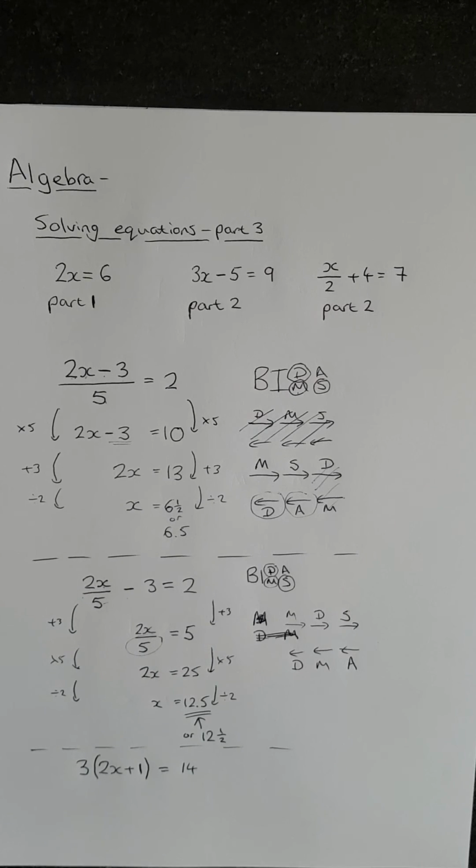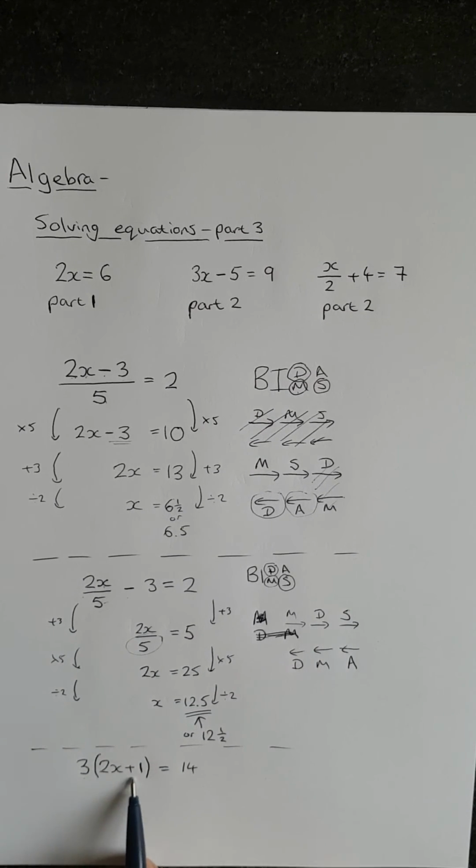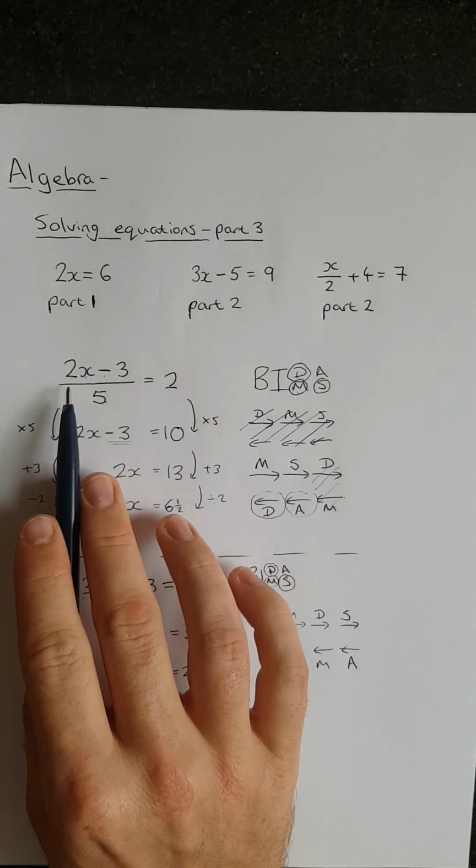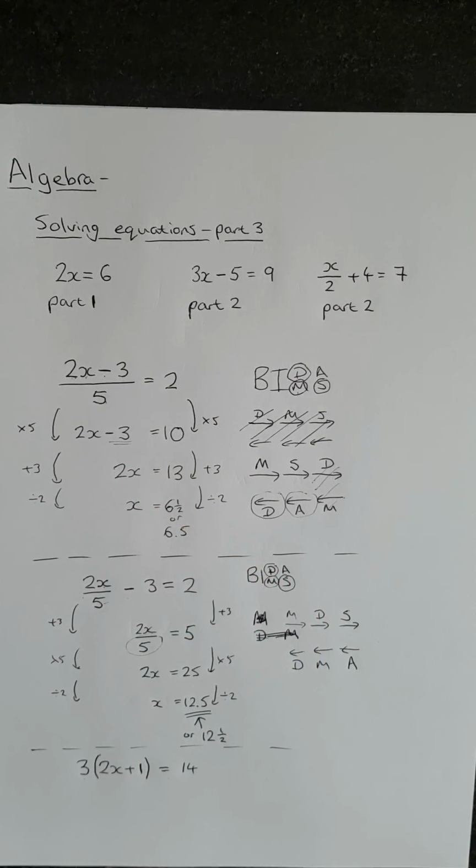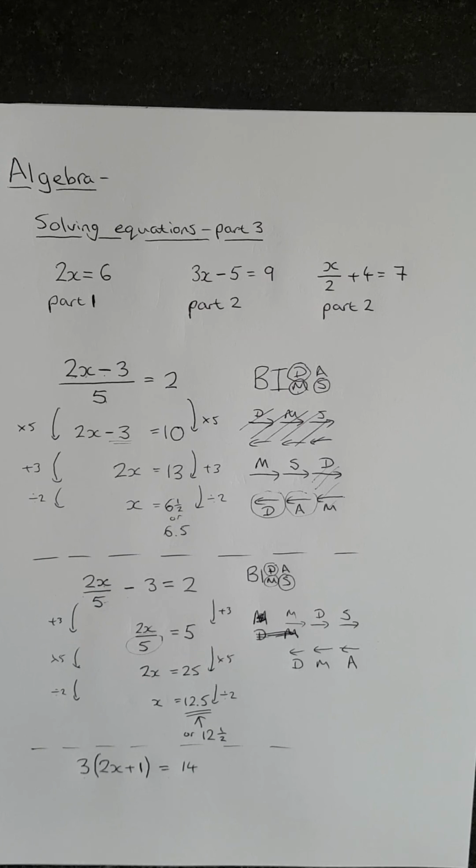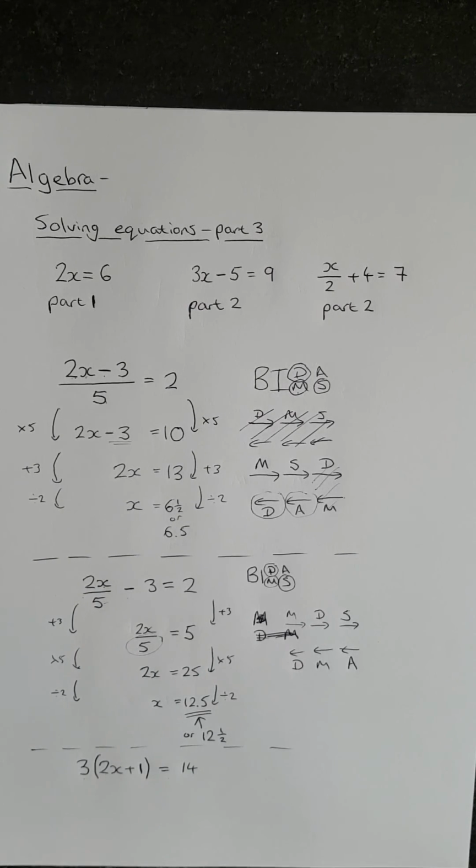We'll tackle it on the next video, but this has everything multiplied by 3, just like this had everything divided by 5. And so it changes the order that we need to reverse the steps in. In our next video, we will tackle this kind of problem and we'll tackle more 3-part problems.